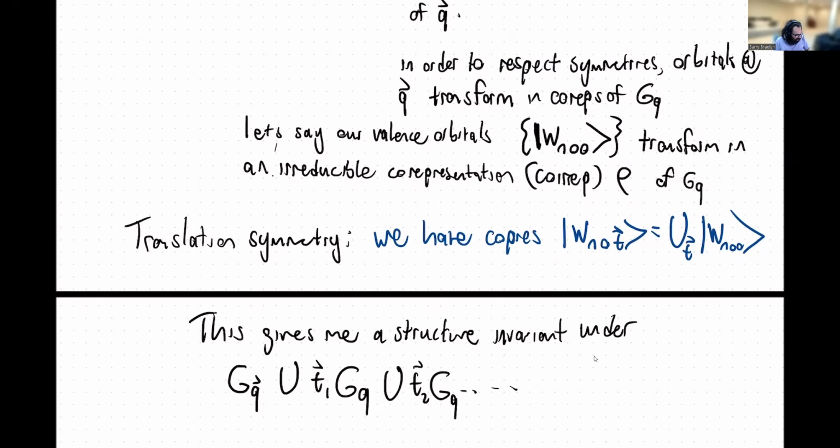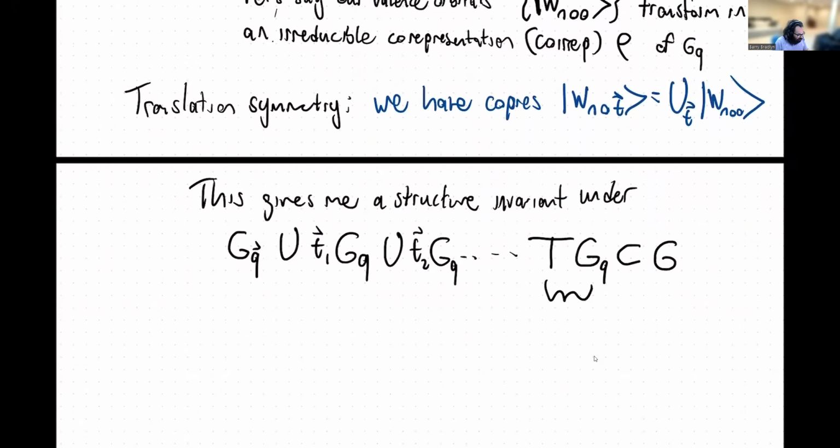I'll denote this by my whole Bravais lattice T times my whole site symmetry group G_Q. This is a subgroup of my full Shubnikov space group, and it's actually a symmorphic Shubnikov space group. It contains all of the rotation and reflection symmetries that leave the point Q invariant and all of my translation symmetries. But I'm still not quite done, because my space group may have more symmetries than just these.